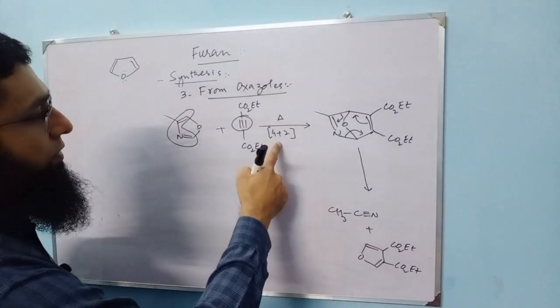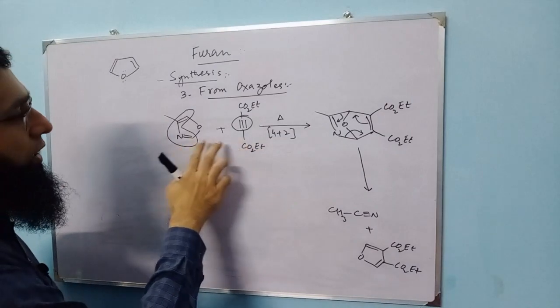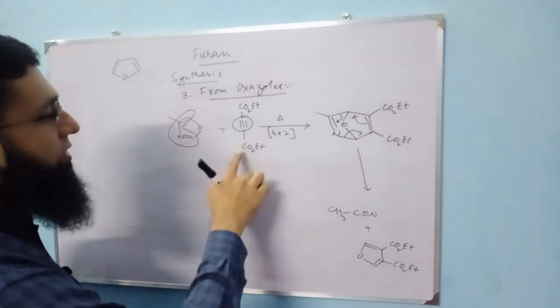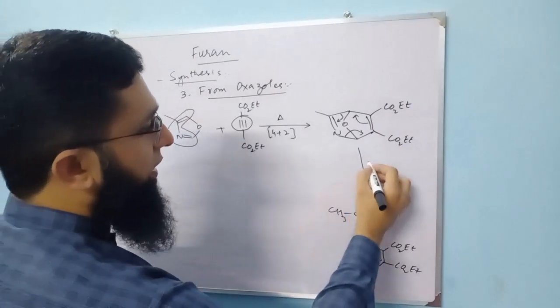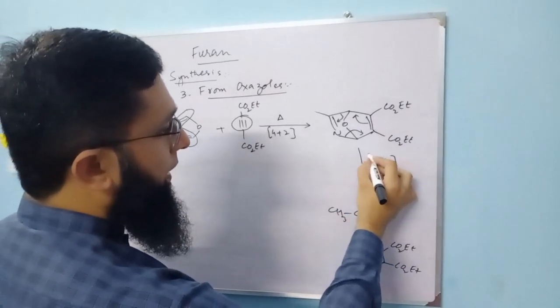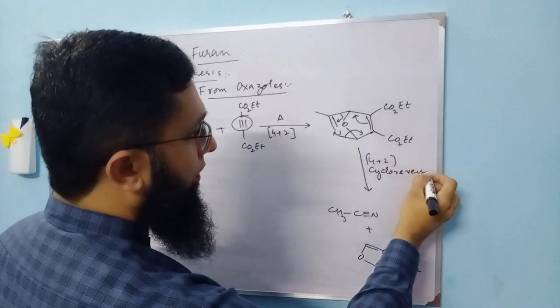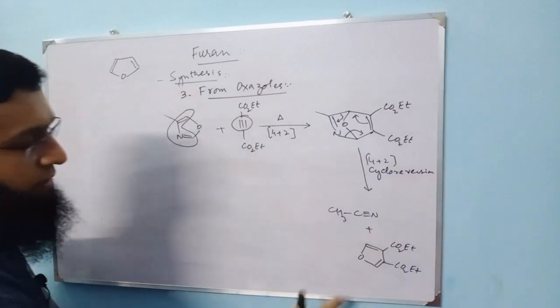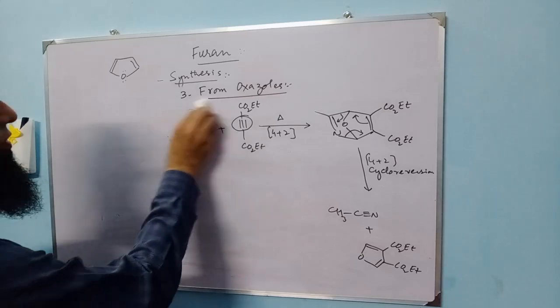So in the first step we have cycloaddition reaction between oxazole and diethyl acetylenic dicarboxylate, and in the second step we have again 4+2 cycloreversion, and as a result we get furan derivative. So these were some methods for the synthesis of furan.